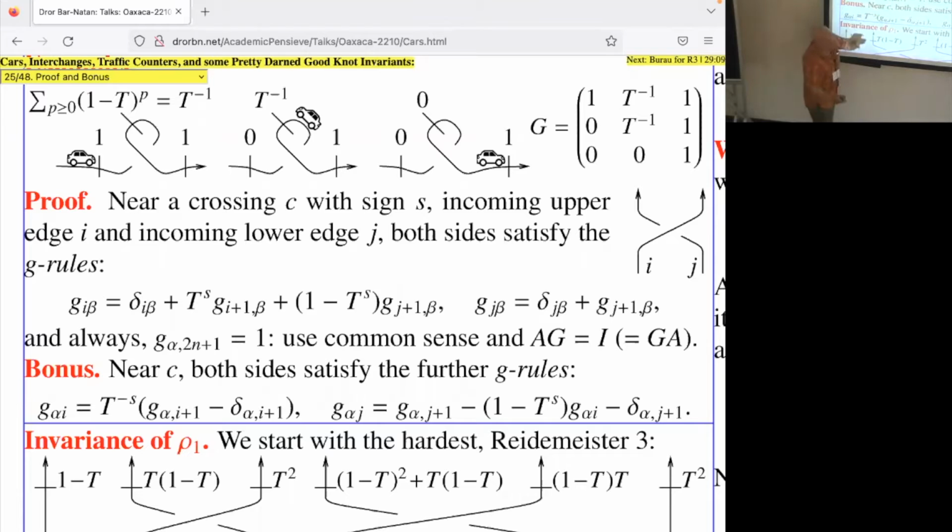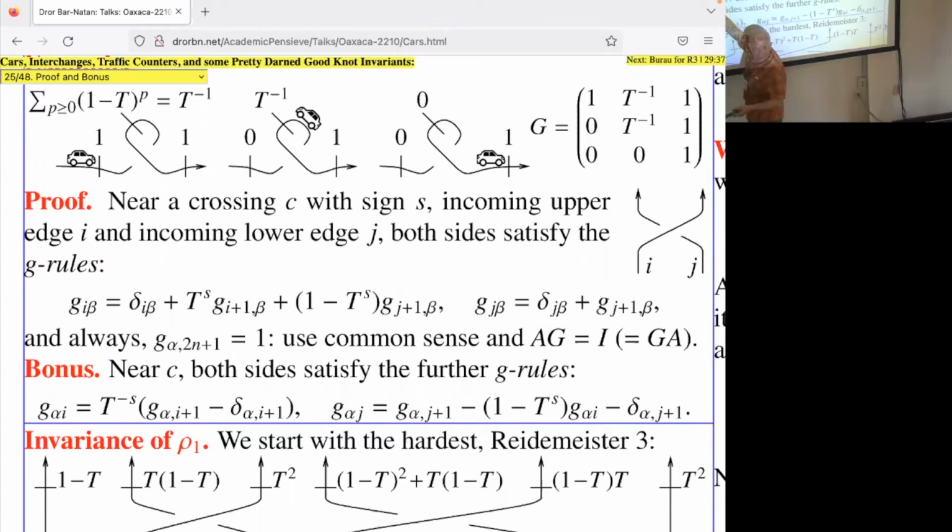If you fix the placement of the traffic counter, then if I inject the cars at I, that's the same as injecting a car with probability t up after the crossing and with probability 1 minus t up after the crossing on the lower strand.